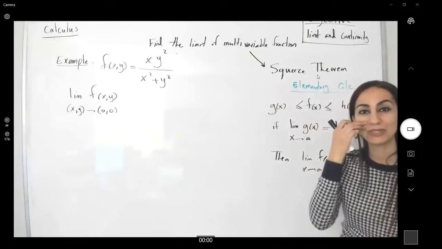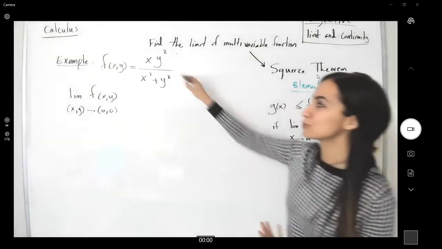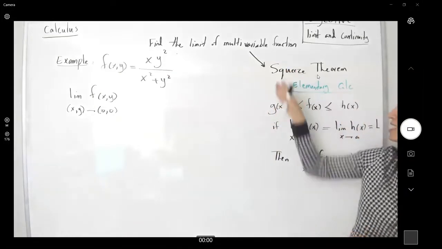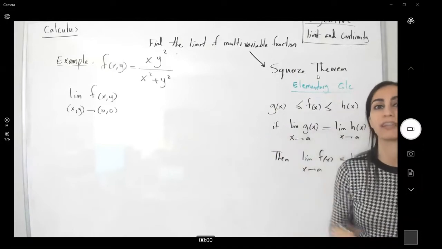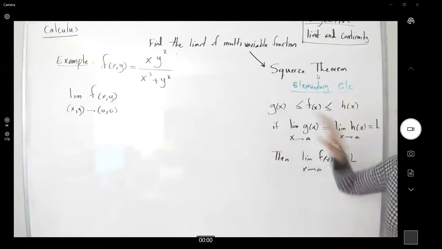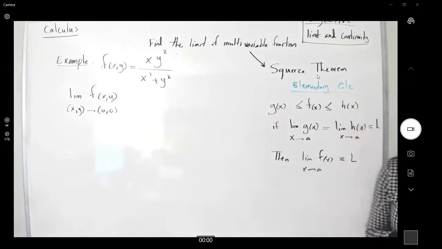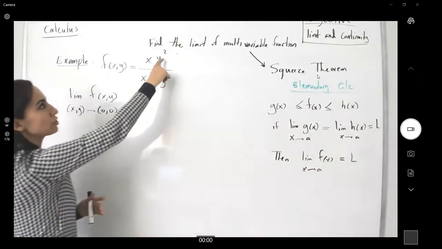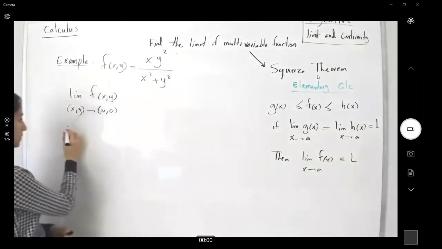Now, how do we use the squeeze theorem? We try to squeeze this function between two nice functions like g and h, two-variable functions whose limits we can easily find. How do we start? I'm going to take y squared divided by x squared plus y squared.